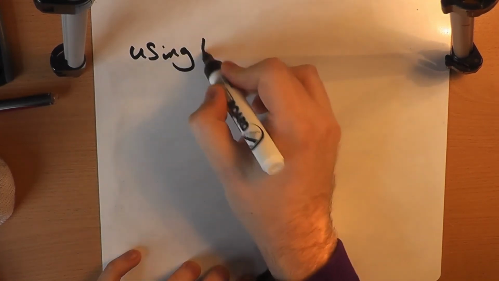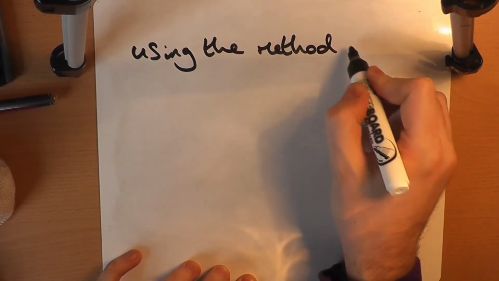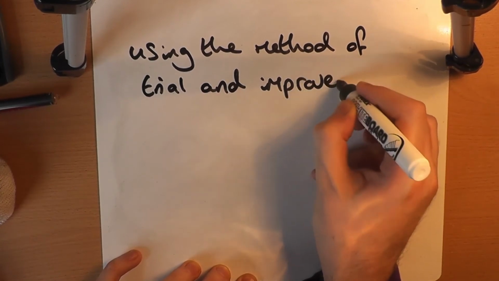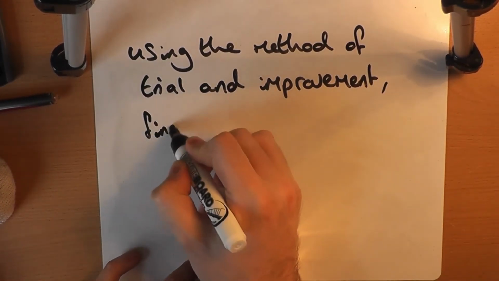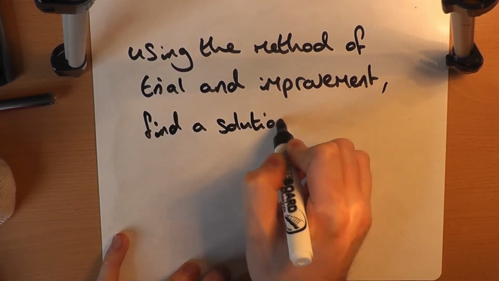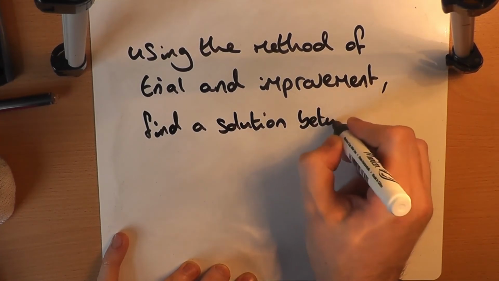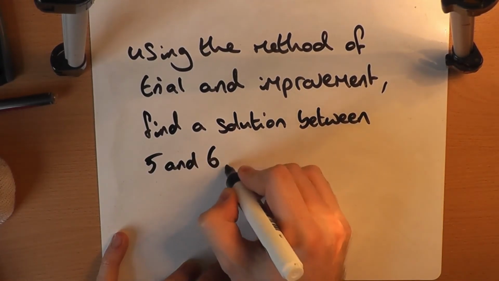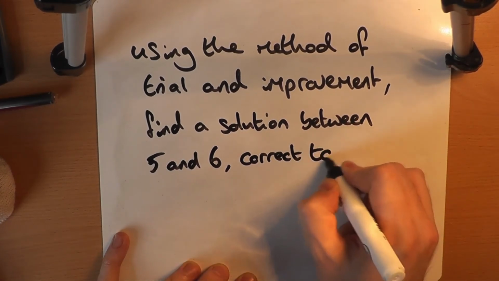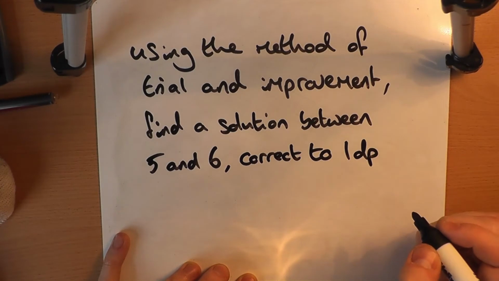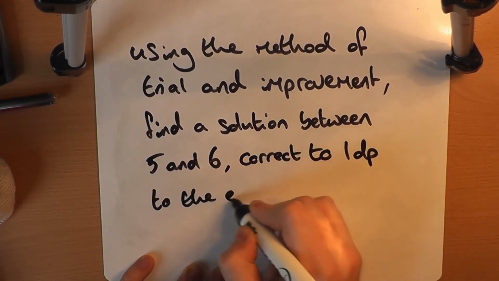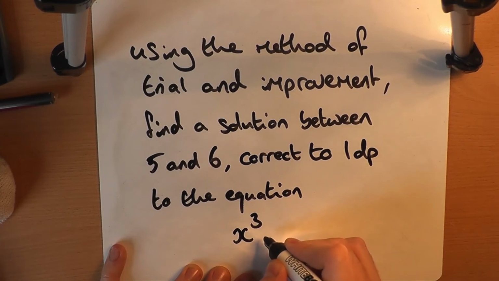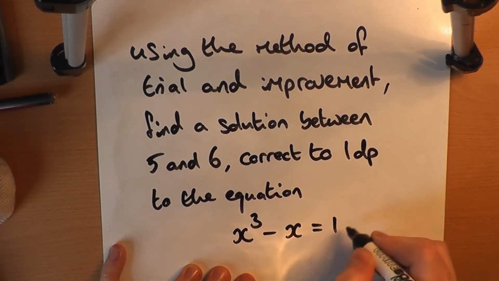Using the method of trial and improvement, find a solution between 5 and 6, correct to one decimal place, to the equation x cubed minus x equals 170.